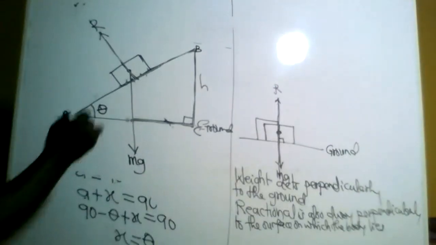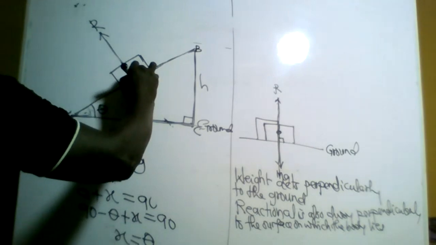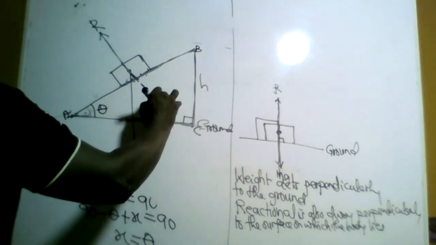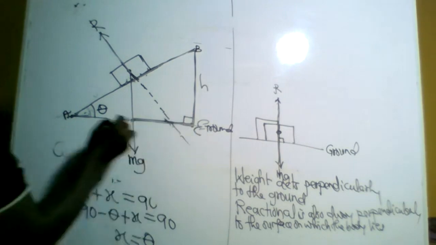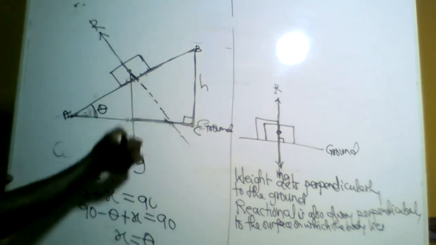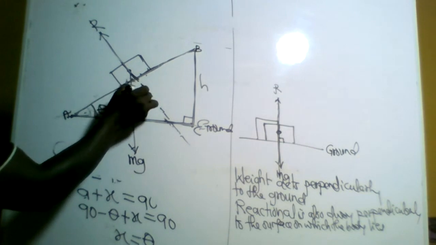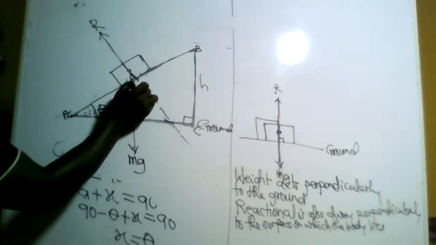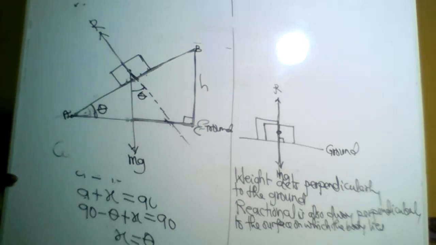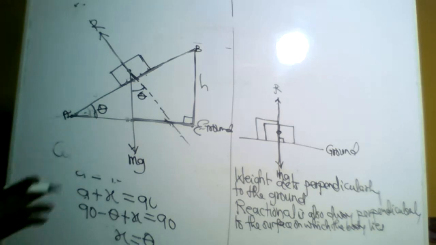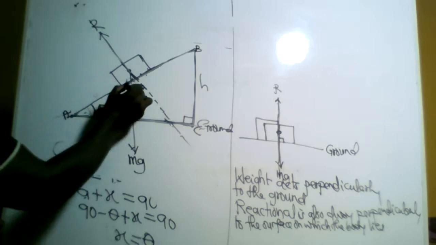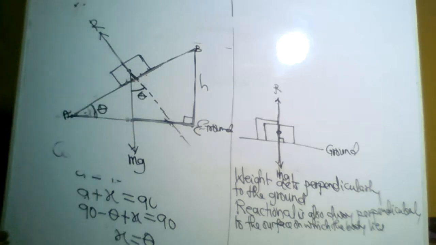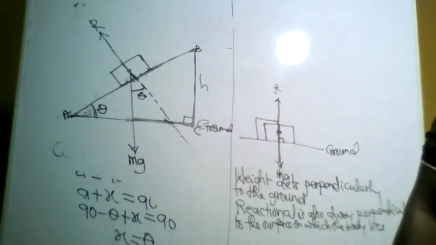So when you extend the reaction line, if this is theta, the angle between the weight and the reaction line is also theta. So if this is 30 degrees, this will also be 30 degrees. Please, are we okay? Yes, please. That is a very important point to understand under inclined plane.